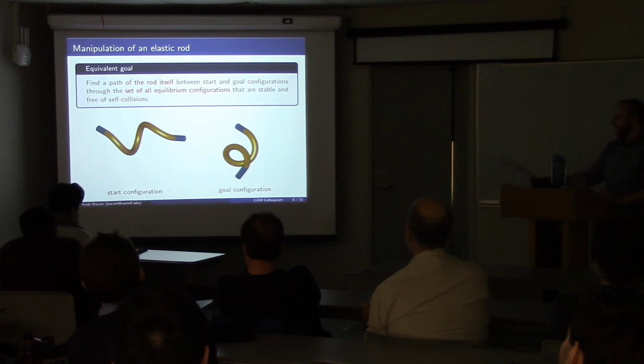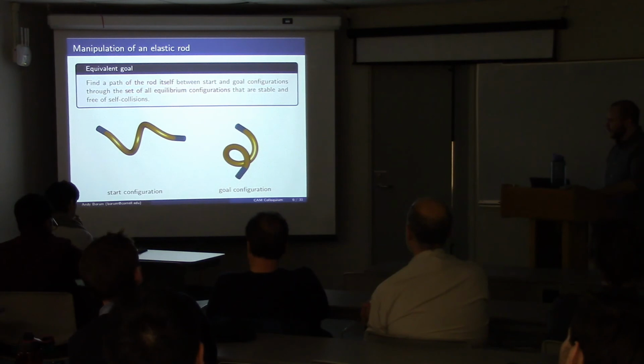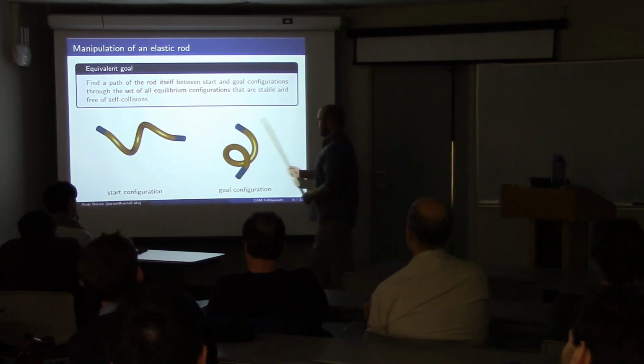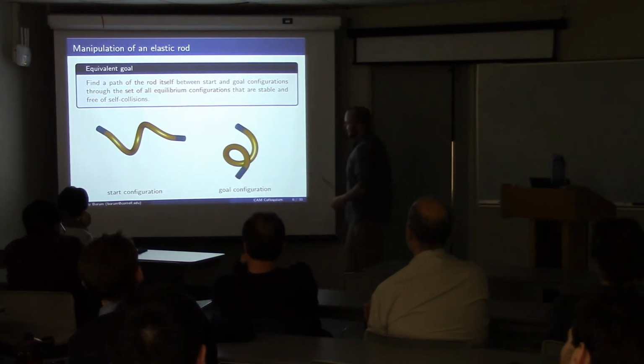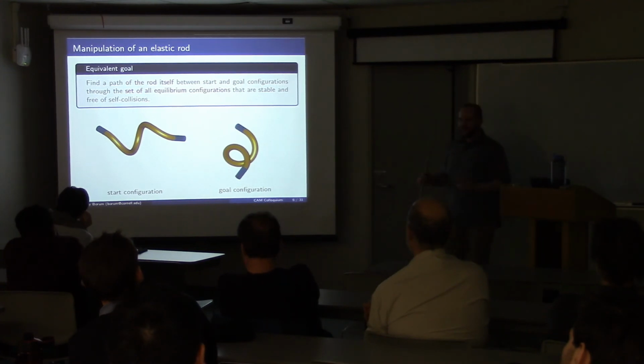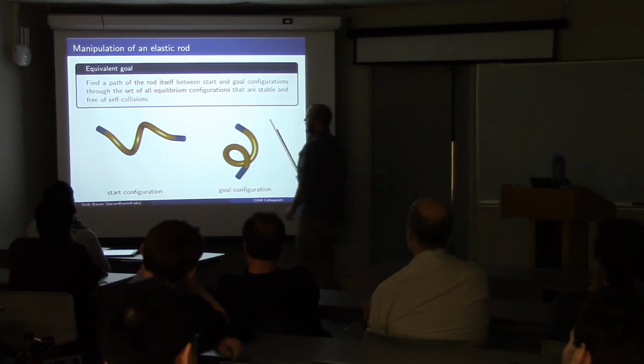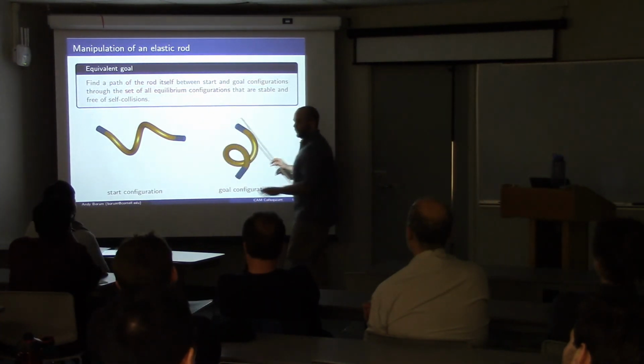So let's restate the problem slightly. It's going to be the same problem. We're going to restate it so that it's a little bit more clear what we want. Our original problem asked for paths of the robotic grippers. We said that's not a good way to describe shapes of the rod because there are multiple shapes for gripper placements. So what we're going to ask is find a path of the rod itself. Ignore the grippers.